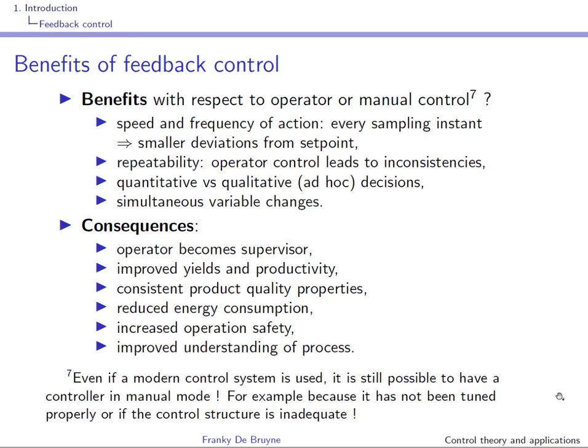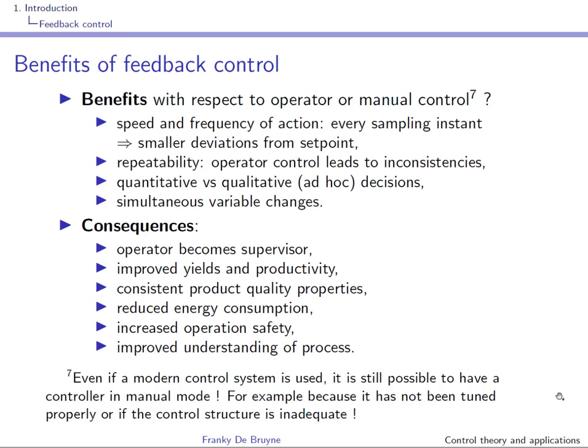The control action is based on a PID algorithm, so that you take quantitative decisions and they will always be the same under the same circumstances. Of course, you can run several controllers in your PLC so that you can do simultaneous variable changes, whereas an operator is of course limited in the number of controllers or processes that he can monitor.